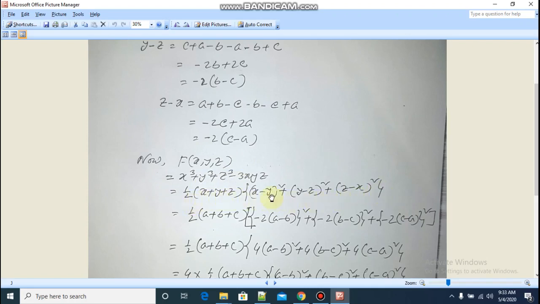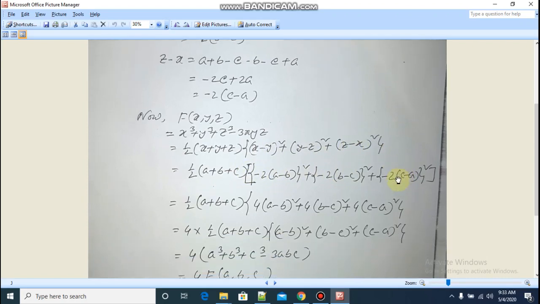This is the formula of x cube plus y cube plus z cube minus 3xyz. Putting the value of x plus y plus z, the value of x minus y, the value of y minus z, the value of z minus x, as given.